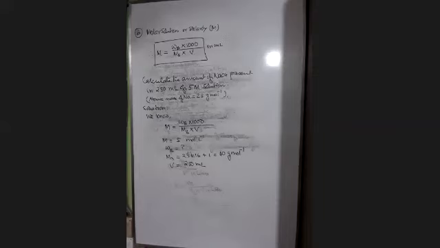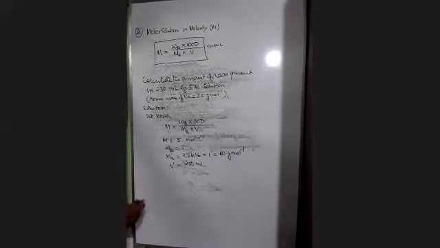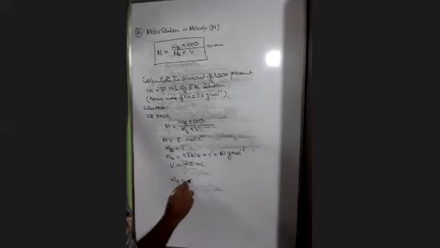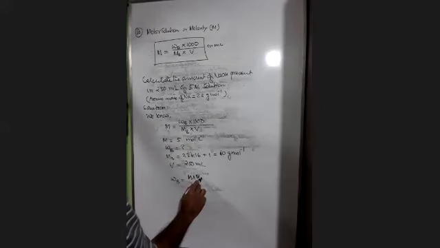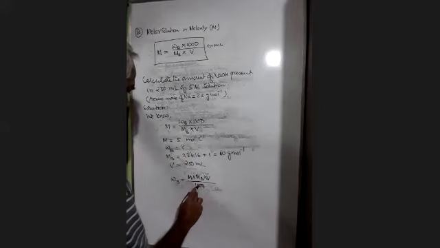So 50 grams of sodium hydroxide present. Then we write like this: WB is equal to M into MB V by 1000.